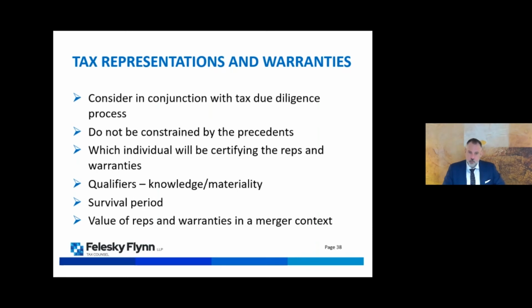We often find that some of these reps and warranties that are produced by precedents are more appropriate in smaller organizations where one person will have more intimate, personal knowledge of the various things that are being repped and warrantied. In larger organizations, that can be really difficult to ask someone to do; they just won't have that kind of knowledge. Think about a really common one that you see in the precedents: have all the withholdings been made and remitted?